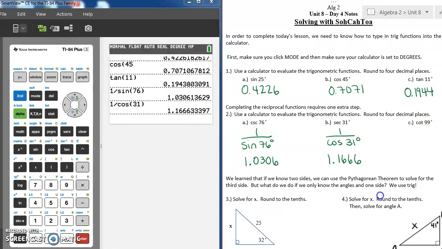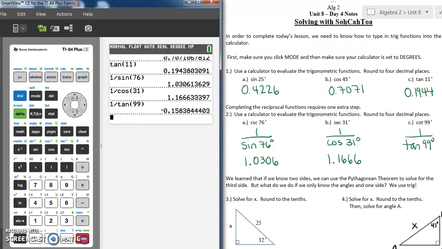Cotangent of 99 degrees is going to be 1 over tangent of 99 degrees. And so I'm going to do 1 divided by tangent of 99, close it up, and we are going to get a negative number, negative 0.1584. Since it's an 8 after the 3, we bumped it up. Alright, so that's how you would find these estimations on the calculator.